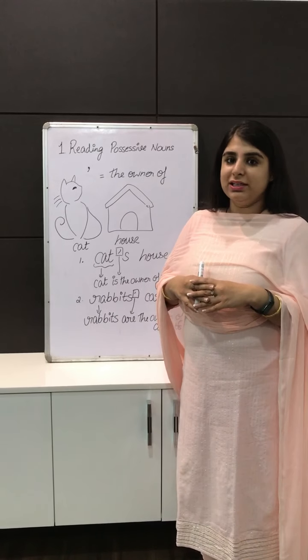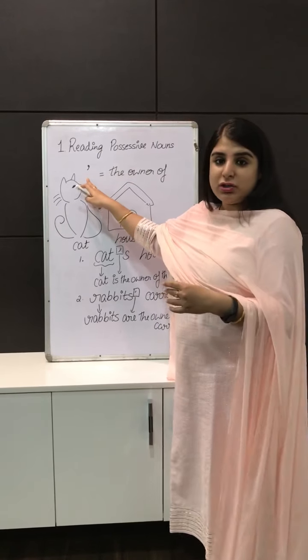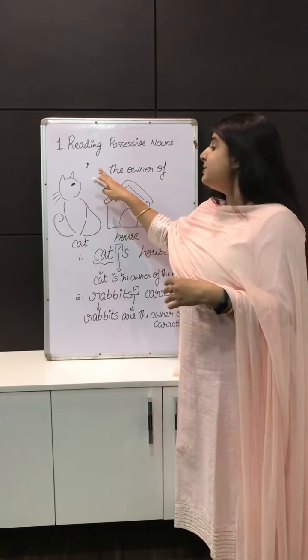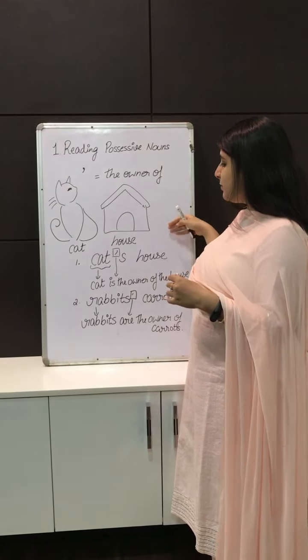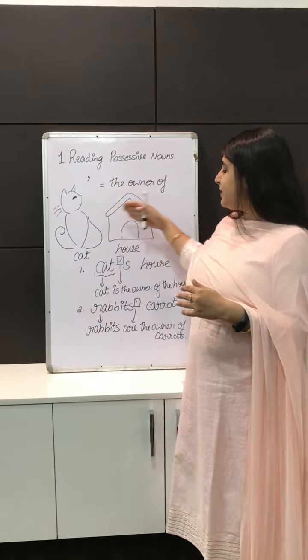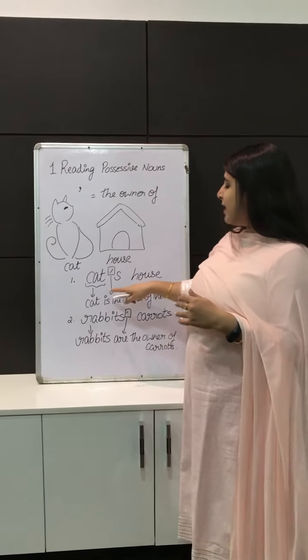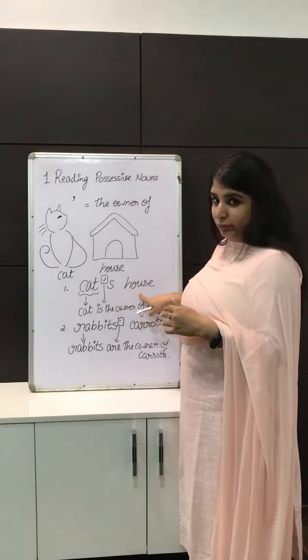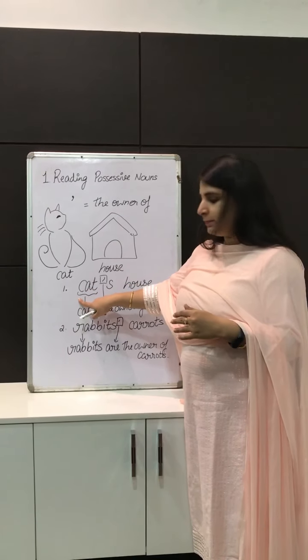Now we will learn to read possessive nouns. This symbol apostrophe is read as the owner of. So here we will be discussing some examples. Here is a cat and a house that belongs to the cat. So we have written it as cat's house. So what is written before the apostrophe? Cat, right?